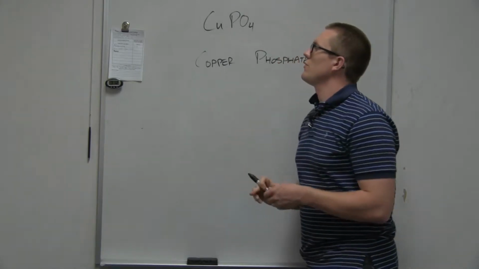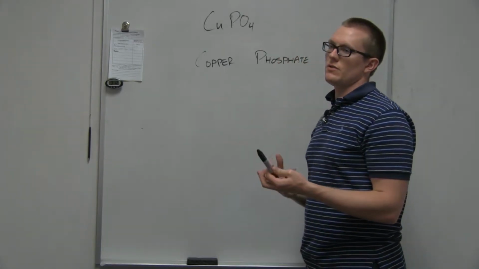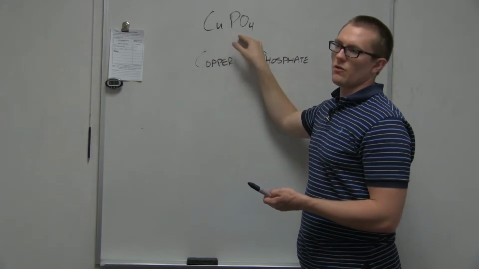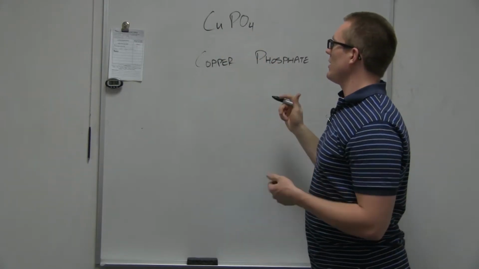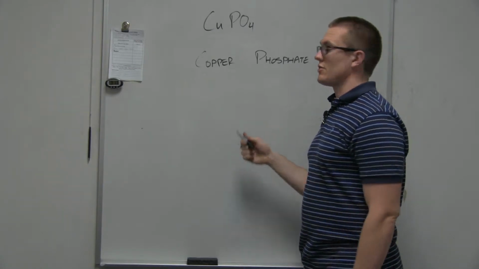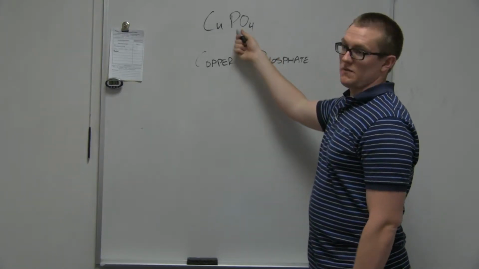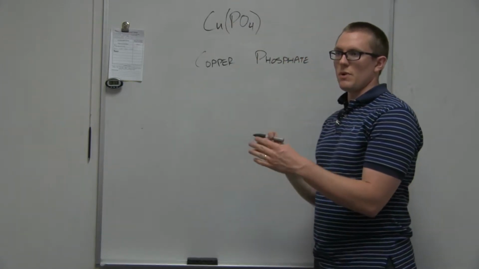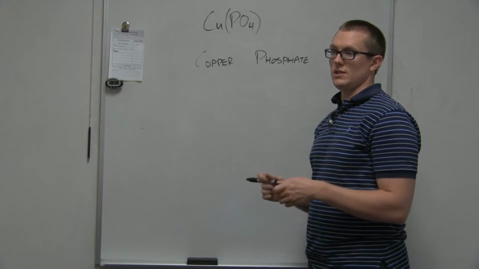And whenever we're naming a compound or converting the name to the molecular formula, I like to first of all look for the polyatomic ions. So it's great that you already figured out that this was phosphate. And so I just put that in brackets so I can remember to treat that whole thing as one entity.